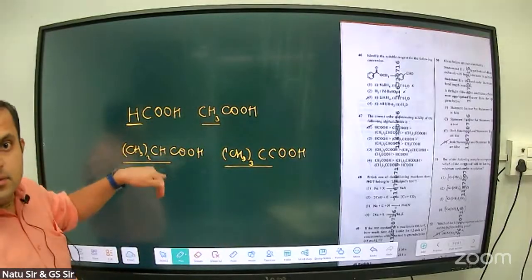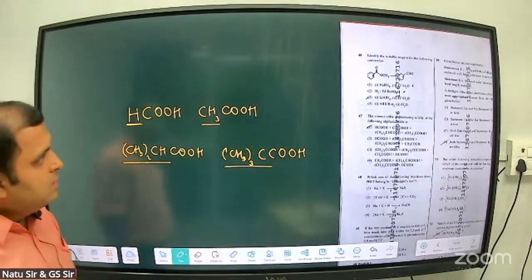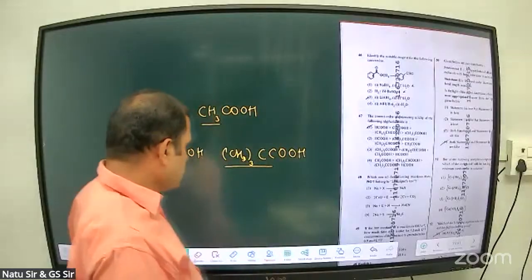As the number of carbon atoms is increasing, the size of the effect will increase and that will reduce acidity. Therefore, the correct option is Option 1. Alright.